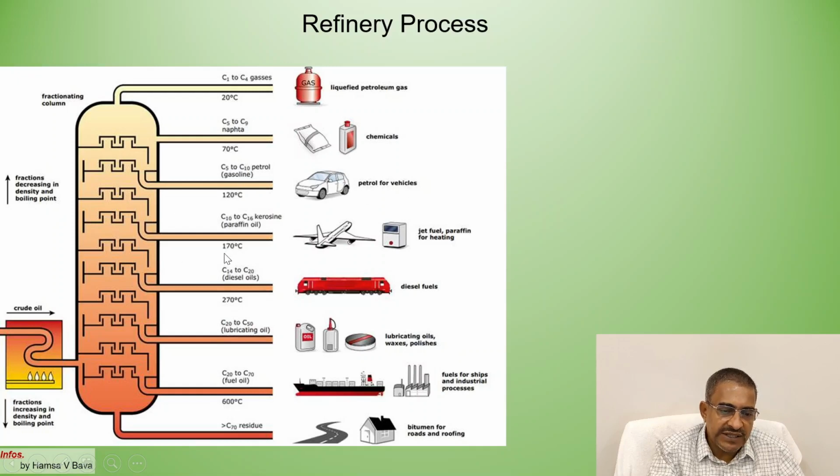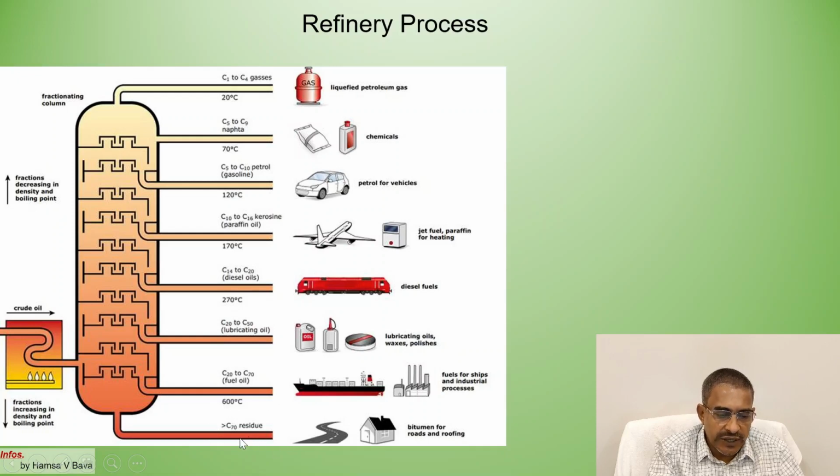Another one is at 170 degrees C, C10 to C18, kerosene or jet fuel, aviation turbine fuel, ATF. You can use that, jet fuel. Then another one is diesel oil, C14 to C20, at 270 degrees. Then C20 to C50 lubricating oil, various lubricating oils, polishes, waxes, etc. Then at 600 degrees furnace oil, this is called furnace oil, a liquid fuel.